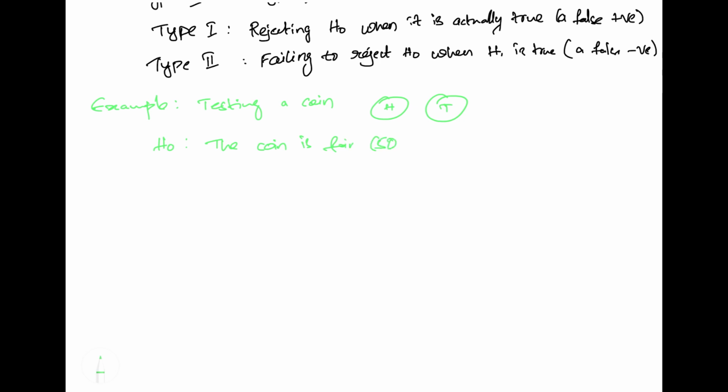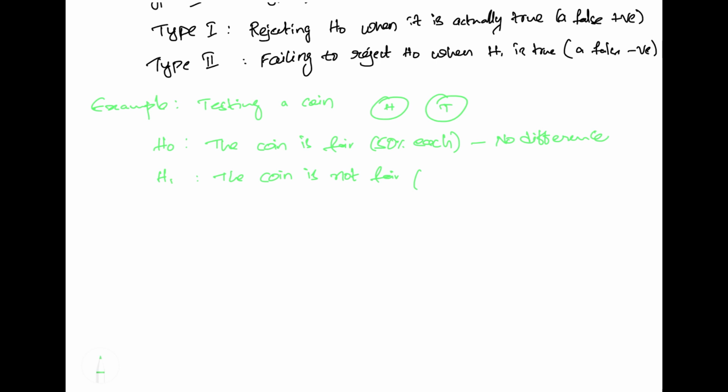Like 50% chance of heads and 50% chance of tails, 50 each. In other words, we are saying there is no difference. The alternative hypothesis would be the coin is not fair, or it's biased towards one side, either heads or tails.